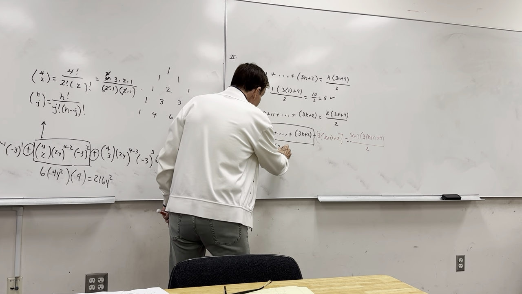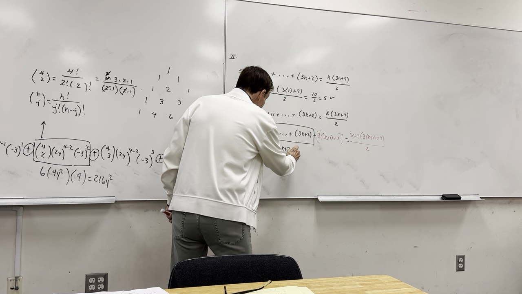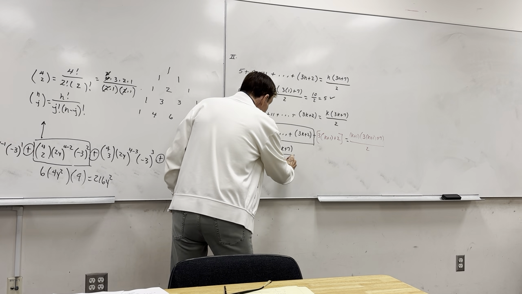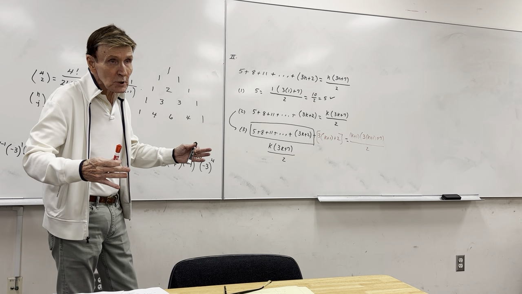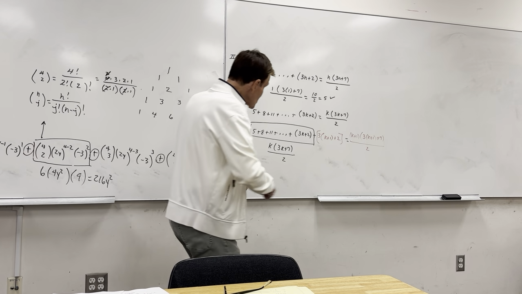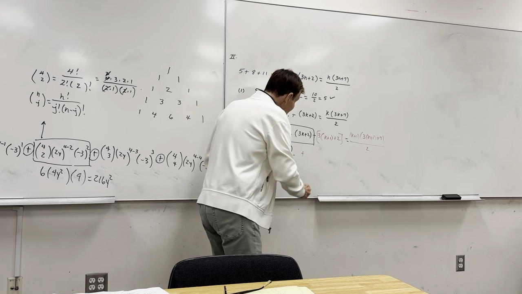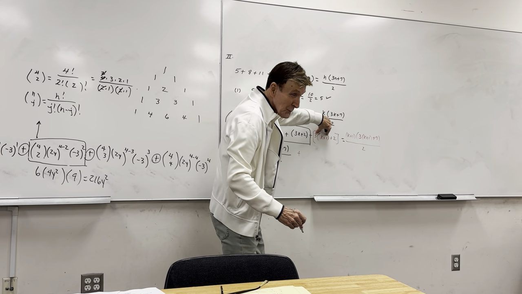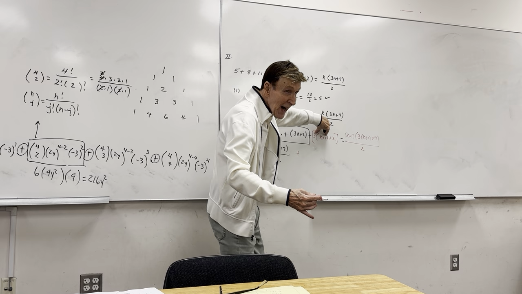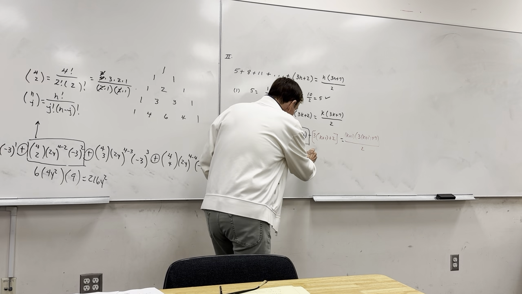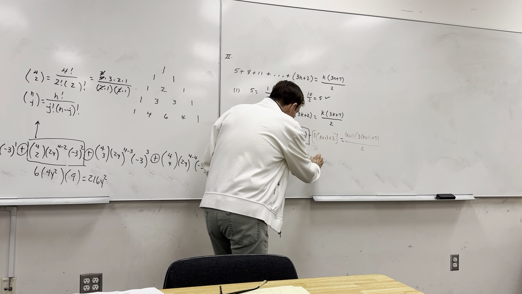I can replace all that with this. That's from step 2. But then I gotta add to it my extension here in the red. If I clean this up, guys, I see 3k plus 3 plus 2. Is that 3k plus 5? Yep. I'm adding 3k plus 5.